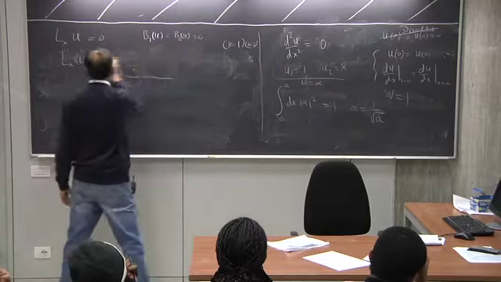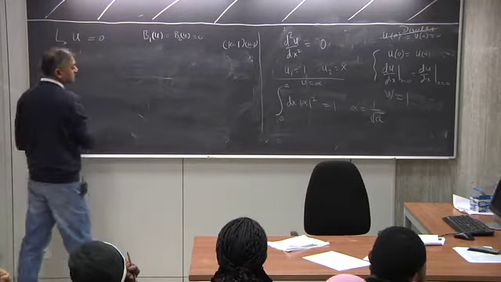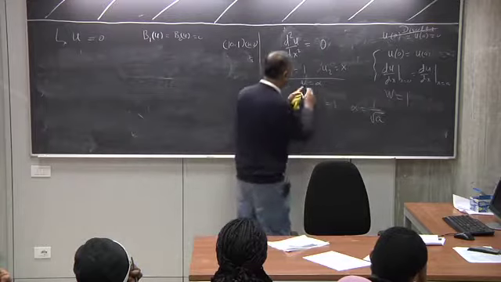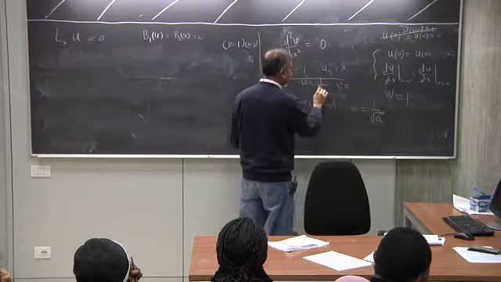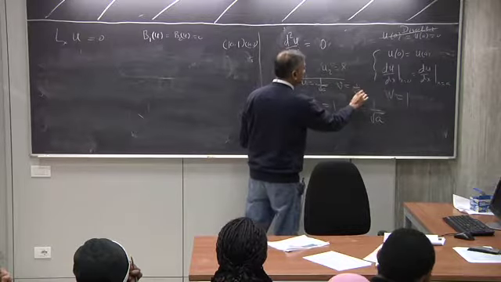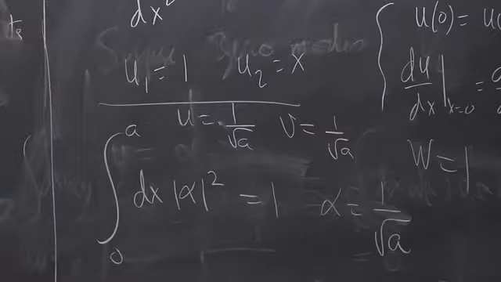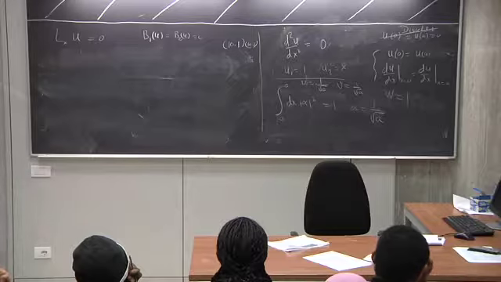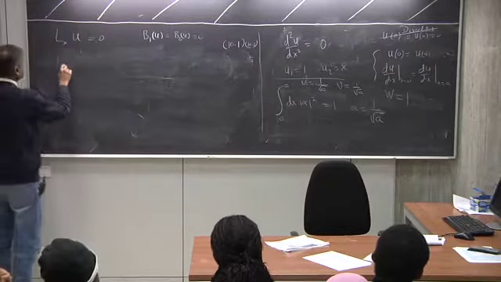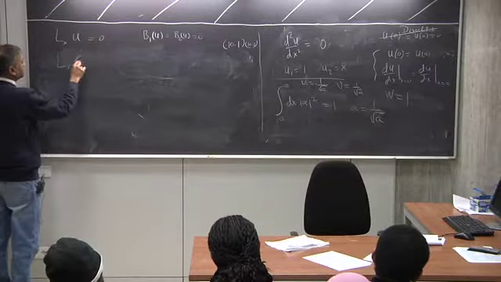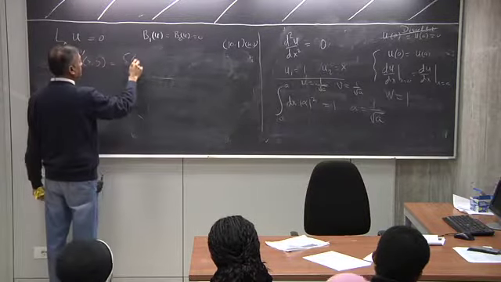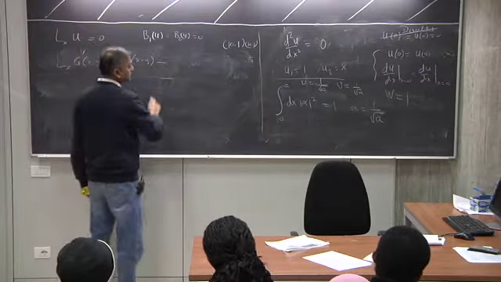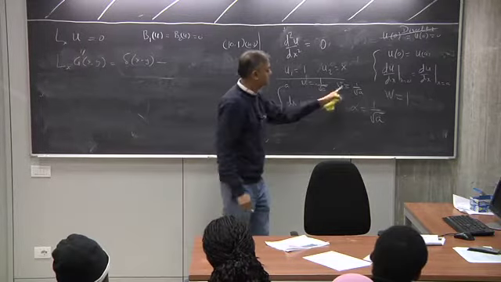Fine. So then the U is 1 over root A, and V is also 1 over root A, because it is a Hermitian operator. So now let's look at L_x G prime of x, y equal to delta x minus y minus, I have to remove the 0 mode part.